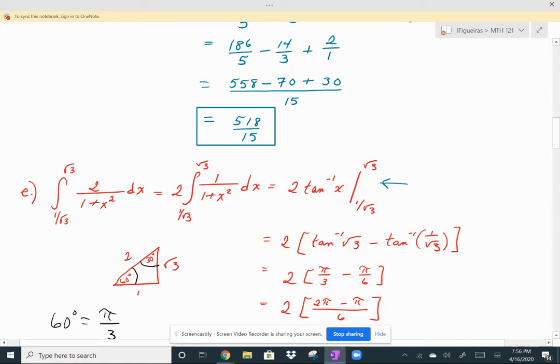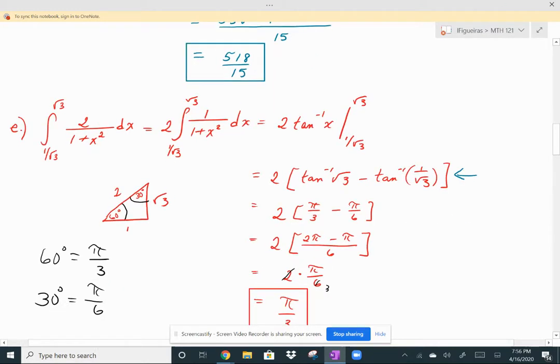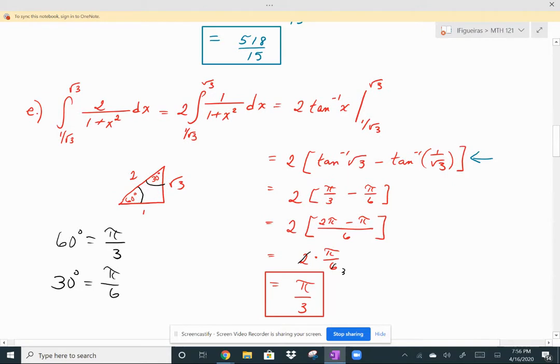All right, so let's see if this is something that we could do on our own. So you plug in your numbers, and this is what you have. So those numbers happen to be part of a special triangle, the 30, 60, 90, which is what you see here. Remember, tangent is opposite over adjacent. So opposite of 60 is root 3 over 1.